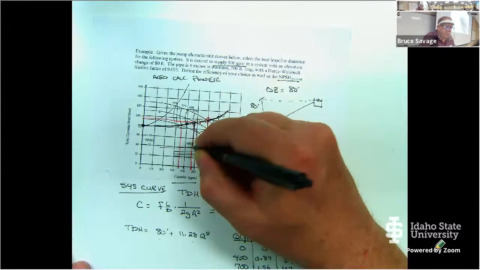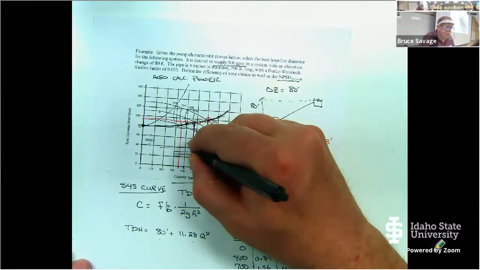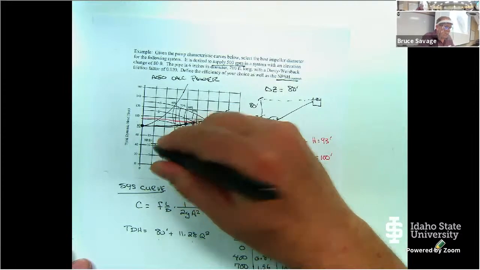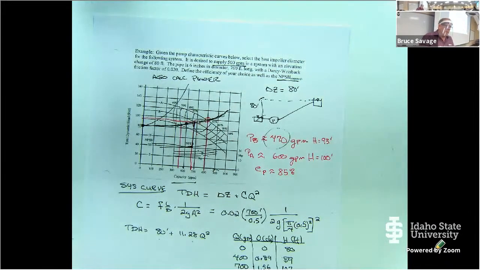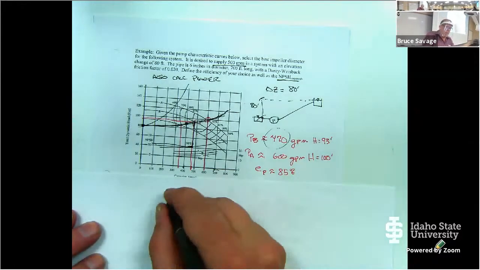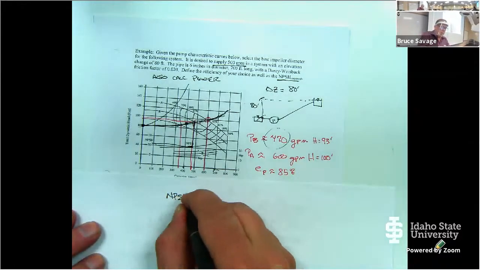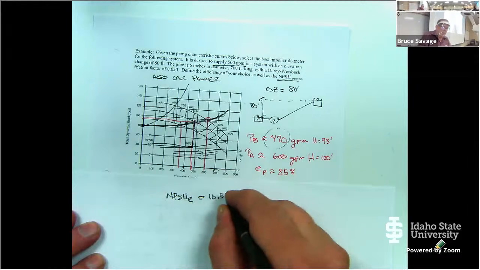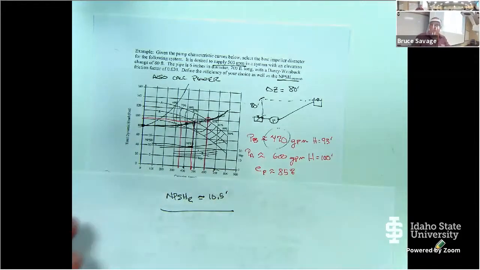I would come down and intersect with the net positive suction head, and then take that over to the side. I'm not drawing a very straight line, but I can then say that the net positive suction head required is approximately 10.5 feet.